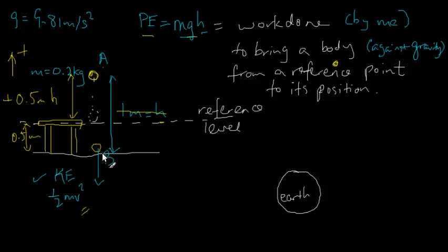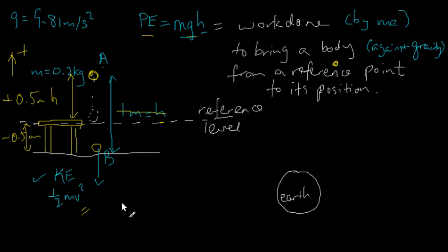Just before the ball hits the ground, the h from the reference level to here must have a minus sign, because this ground level is below the reference level, in the negative direction. So what I can do is find the potential energy at A and B. So let me do that.